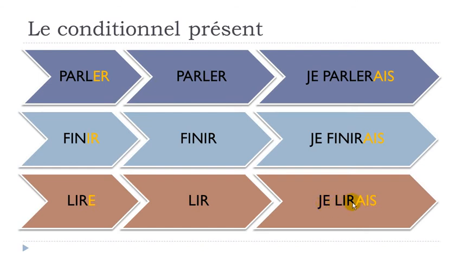Je lirais. All right, so the rule goes like, if you've got a final e then you take it away. You've got your form here, L-I-R, and then you add your ending, A-I-S, je lirais, okay? So you've got 3 forms here, and they're actually the conditionnel présent forms. Je parlerais, je finirais, je lirais, okay? Parler is to talk or to speak, finir to finish or to end, lire to read, okay?